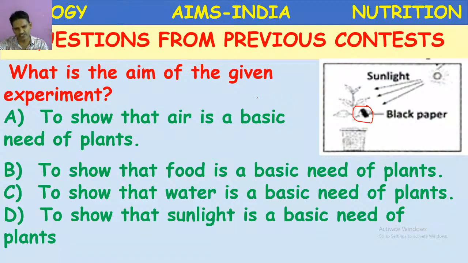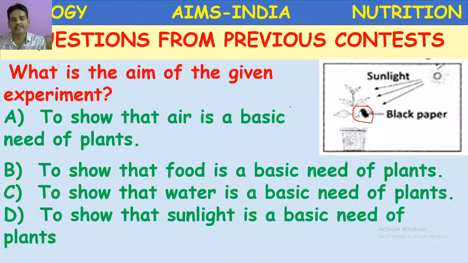All photosynthesis reactions, or the entire process of photosynthesis, can be understood by means of experimentation. Like water is essential for photosynthesis, one experiment is there. Sunlight is essential for photosynthesis, one experiment. And starch is formed during photosynthesis, one experiment.